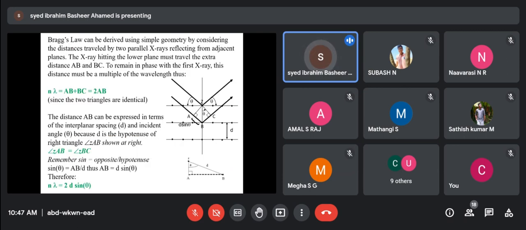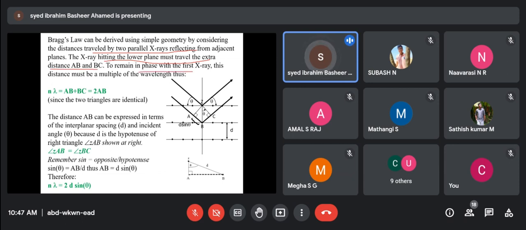Bragg's law can be derived using simple geometry by considering the distances traveled by two parallel X-rays reflecting from adjacent planes. So think of two X-rays reflected from adjacent planes. Here you can see the path difference, AB and BC. Now the n lambda. The X-ray hitting the lower plane must travel an extra distance AB and BC.